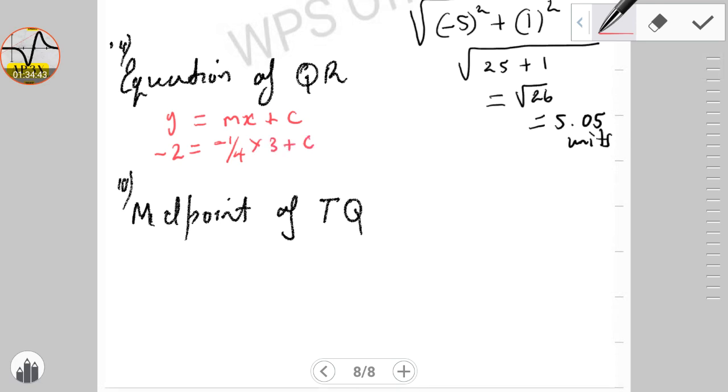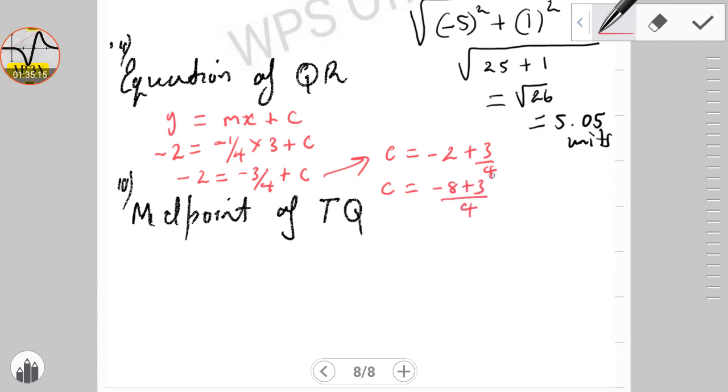plus c. So now minus 2 is equal to, nothing can be cancelled in the middle here, so that becomes minus 1 times 3, that's minus 3 over 4, plus c. So for c, we're going to transpose the minus 3 over 4, so c is equal to minus 2, bring this over, it becomes plus 3 over 4, and obviously we have to find the LCM here, which works out to be minus 8 plus 3 over 4.